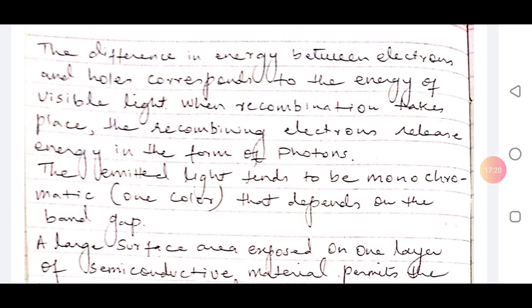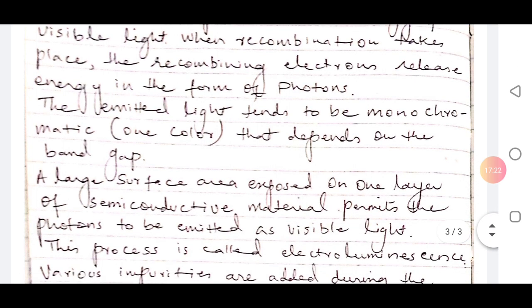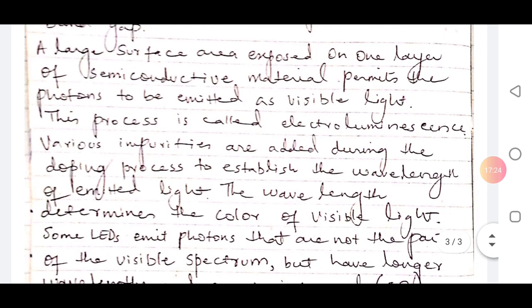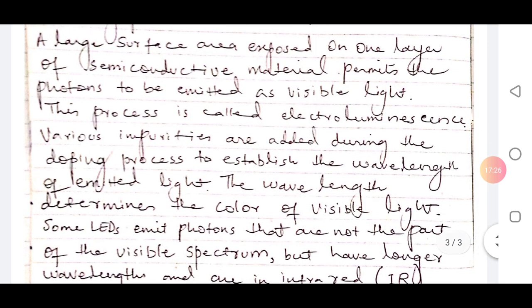Let's move on. A large surface area exposed on one layer of semiconductor material permits the photons to be emitted as visible light. A diode, as you always know, is manufactured from semiconductor materials.